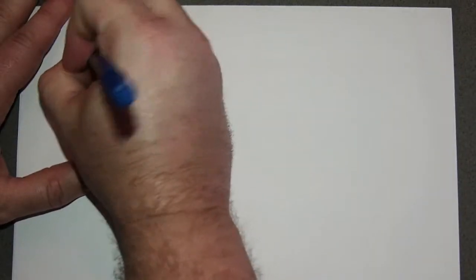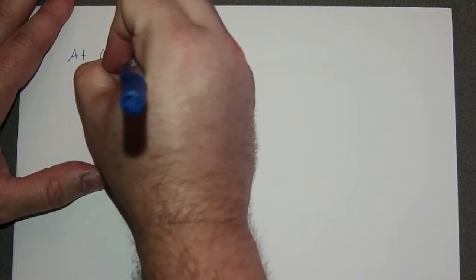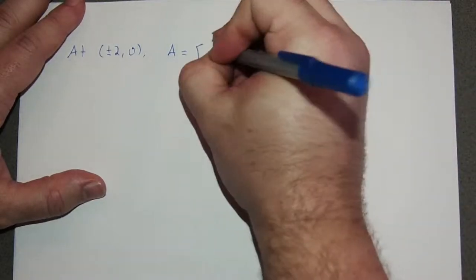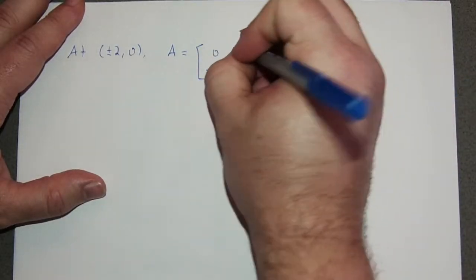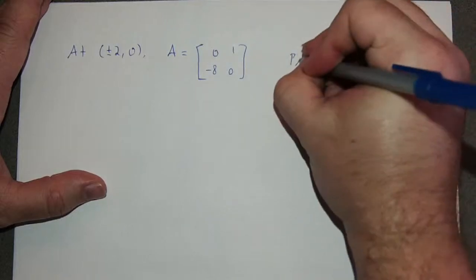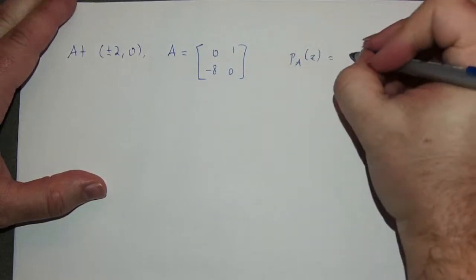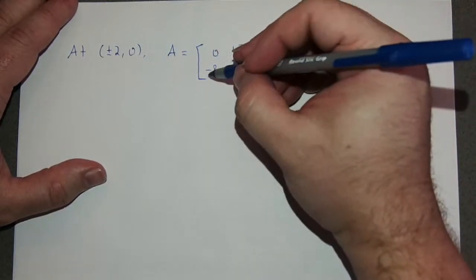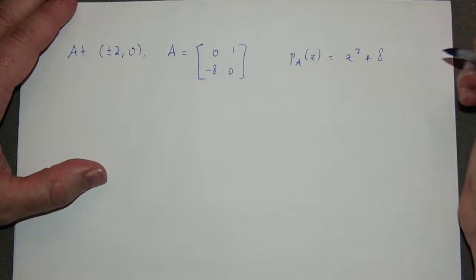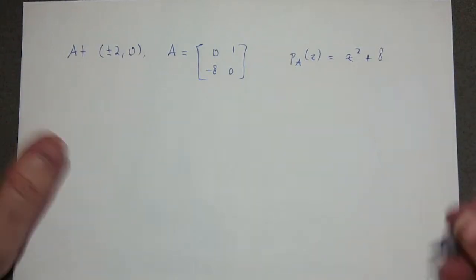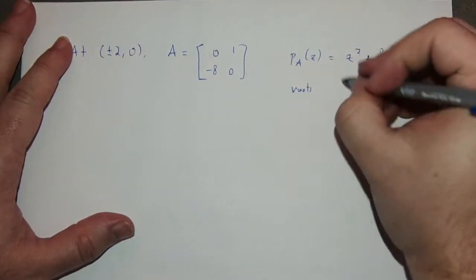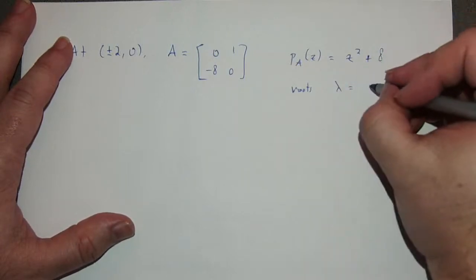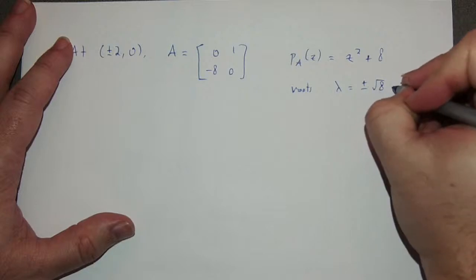At plus or minus 2, 0, my linearized matrix, this Jacobian, is 0, 1, minus 8, 0. Its characteristic polynomial is z squared minus trace, which is 0 here. The determinant is 0 minus minus 8, so this is z squared plus 8. So this has roots, we'll call them lambda is equal to plus or minus square root of 8 times i.